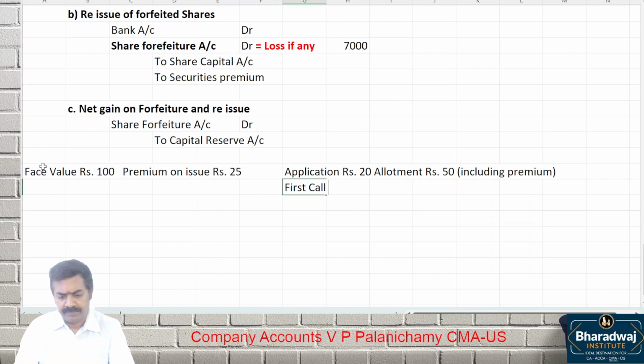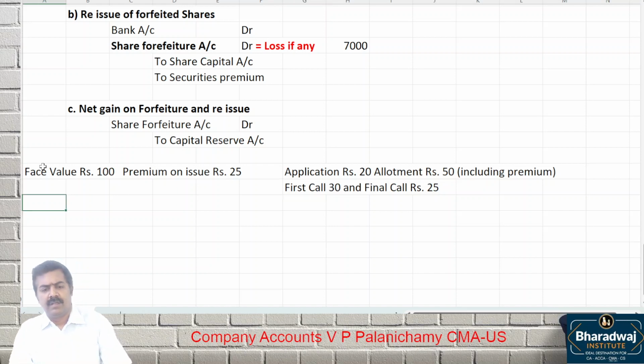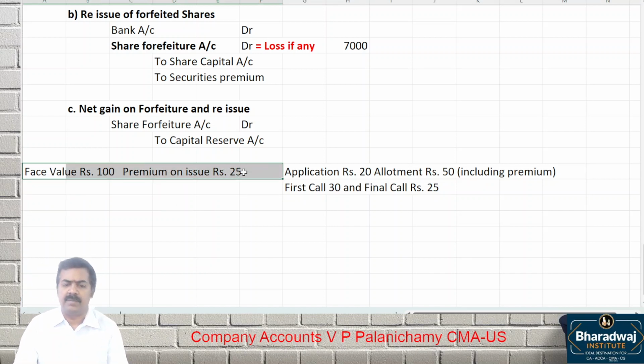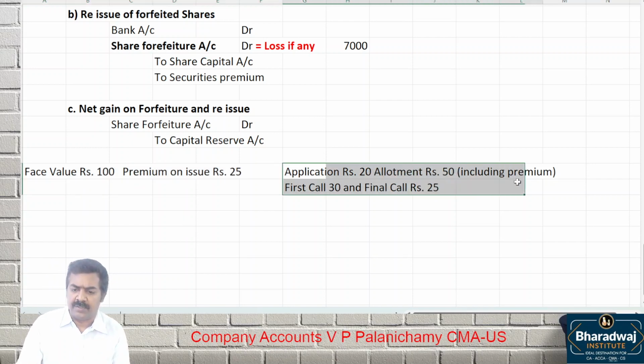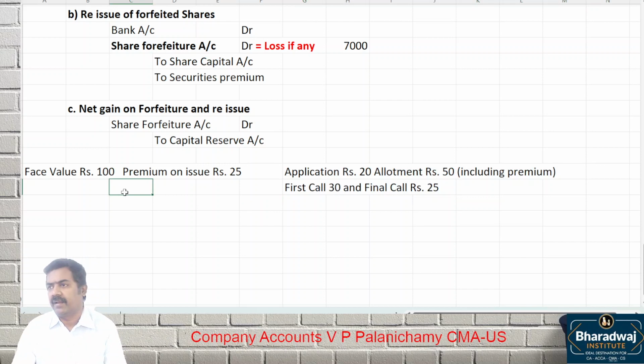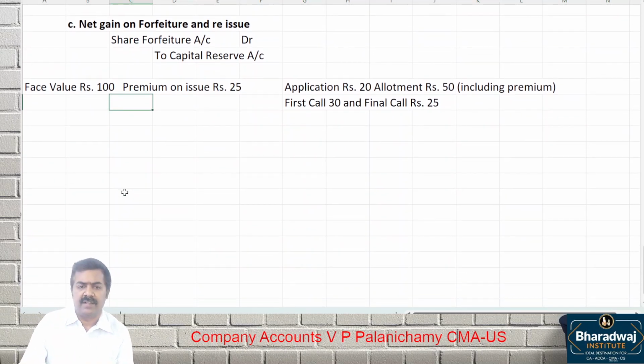First call 30 and final call rupees 25. Total of 125. Face value 100, premium on issue 25. 125 you have to collect. Application, allotment, first call, final call. Totally how much we will collect? 125 we will collect.